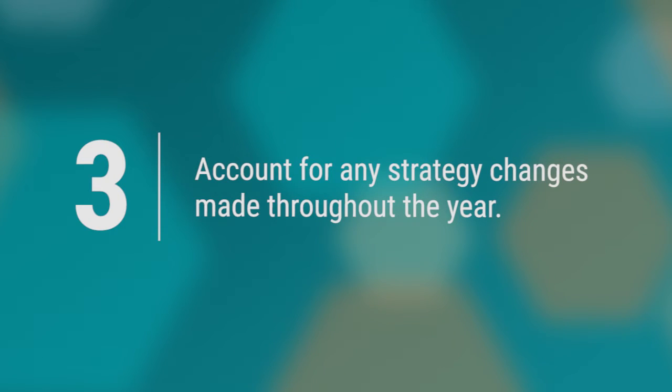Third and finally, with the way the industry is going and the way that strategies shift month over month, quarter over quarter, or year over year, it's very important to remember that if you had any shifts in strategy, you're going to have to account for that in your data.